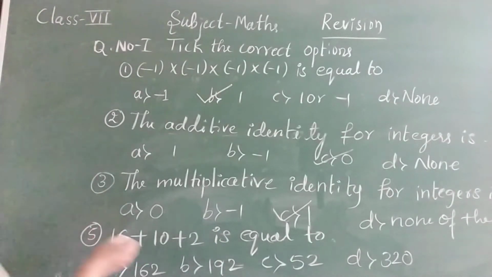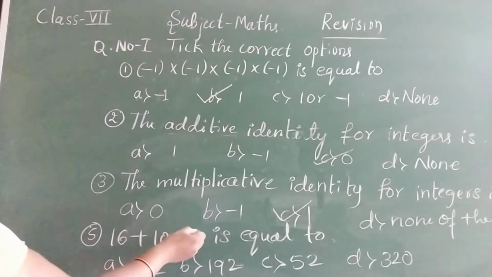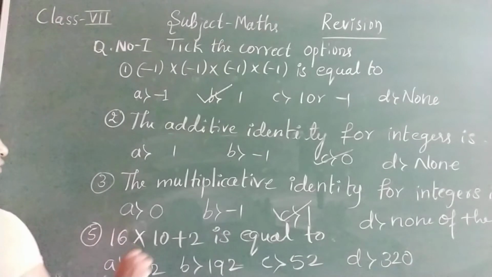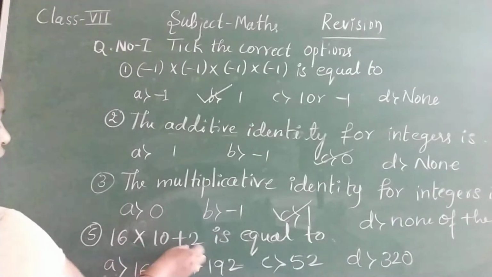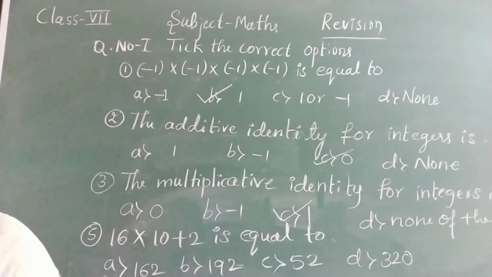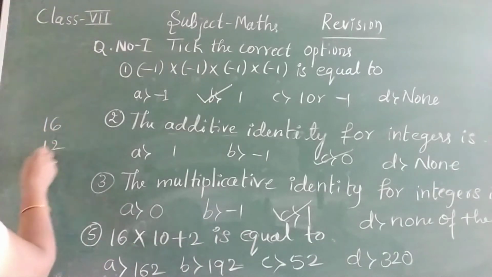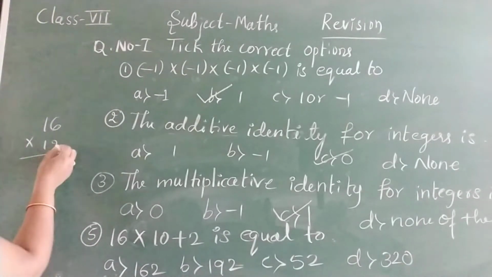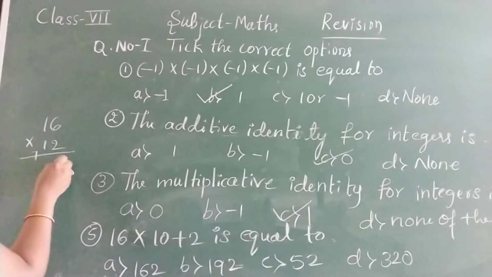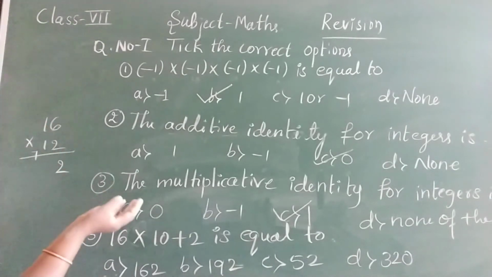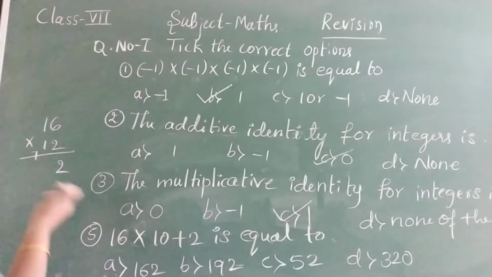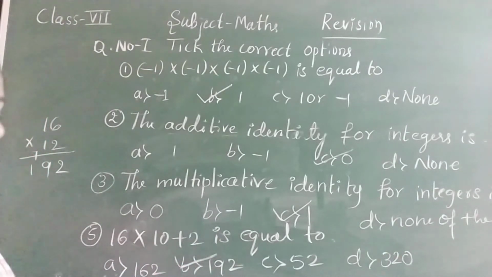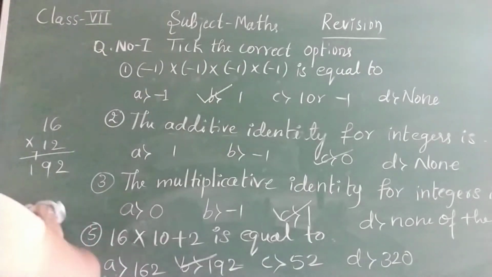You have to go for addition. Sorry, this is multiplication. 16 into 10 plus 2. 10 plus 2 is 12. 16 into 12, multiplication you have to do. 12 6 zero, 72, 12 ones are 12. So 192. Okay, fifth one, you have got the answer 192.